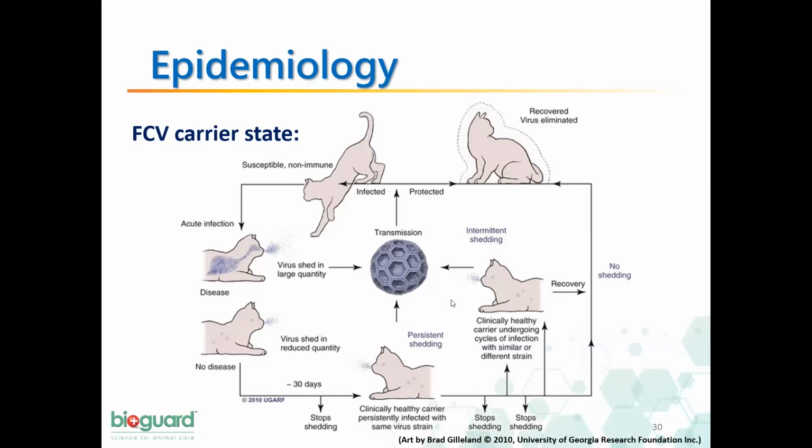This is how new strains evolve in the environment. However, the cat can also go into a recovery stage, where there is no further shedding, it is totally recovered, and the virus is eliminated from the body of the cat. However, the environment is the main factor for infection with feline calicivirus, because the virus shed by the infected cat can survive in the environment for a long time.